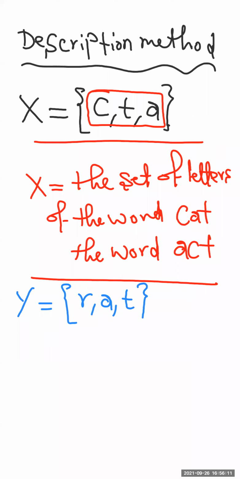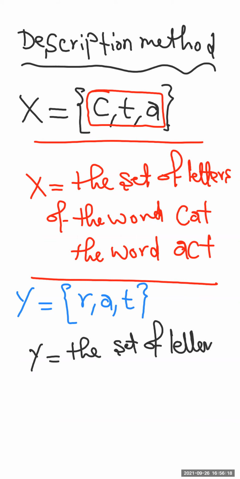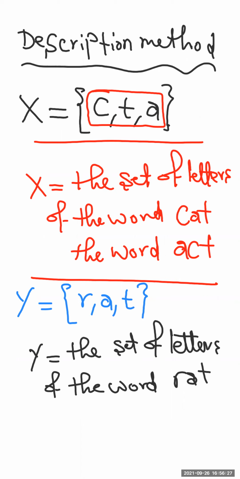Y equals the set of letters of the word, we can say it's the word rat or art. Both are correct, right? Yes, rat or art. Both are correct.